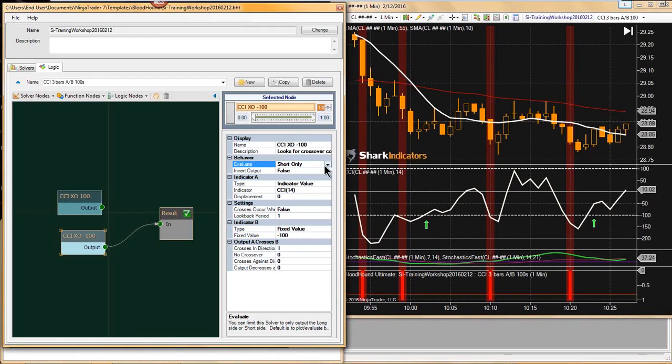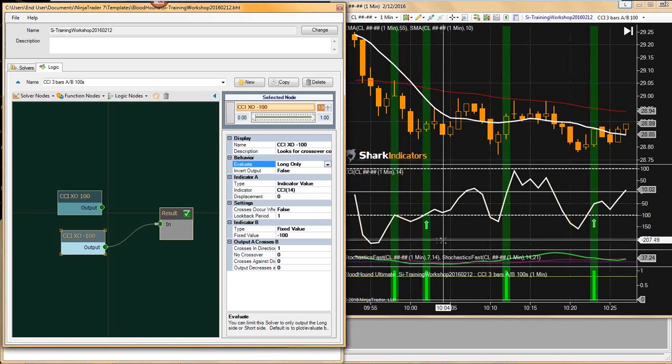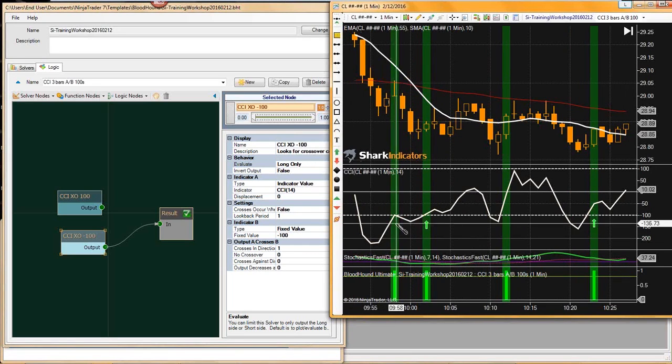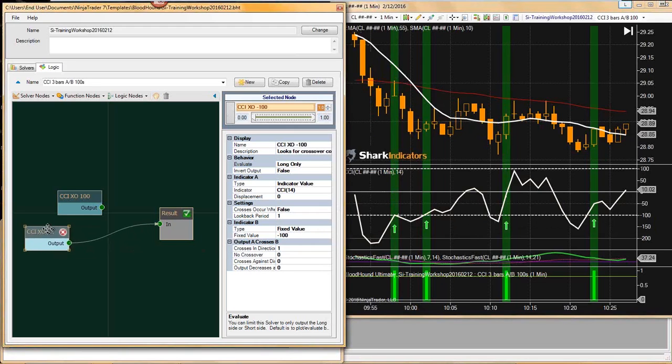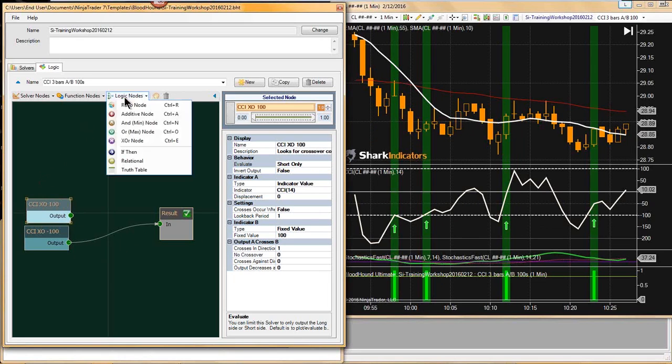So we just need to change our evaluate to the long signals now. There we go. All right, we got quite a few long cross-ups. Okay, so that's our two CCI crossing conditions.